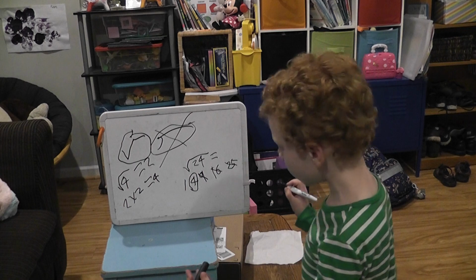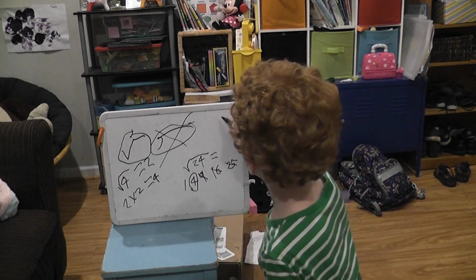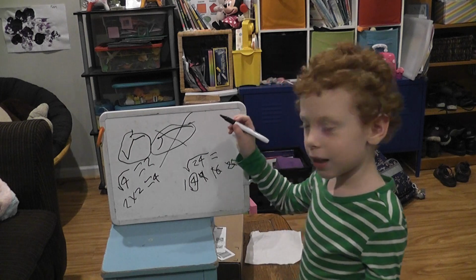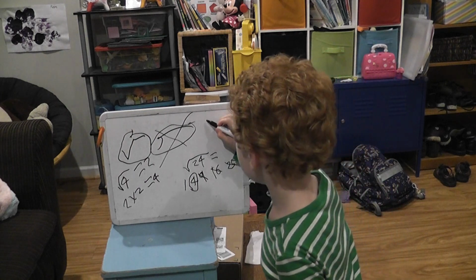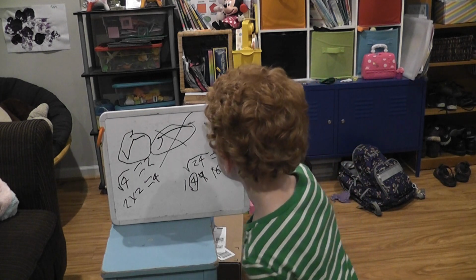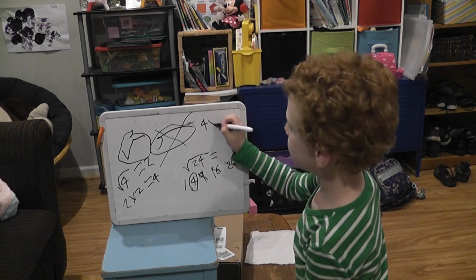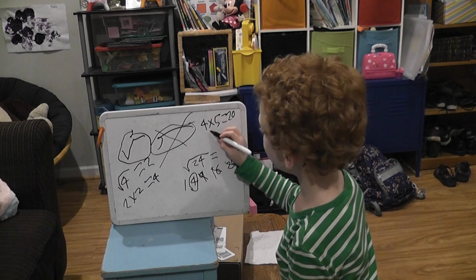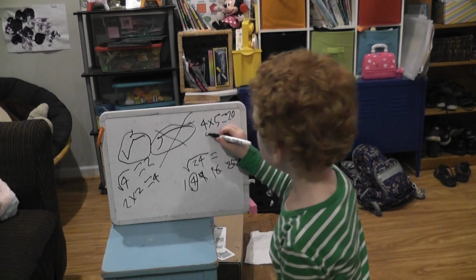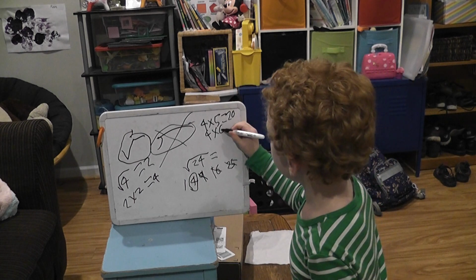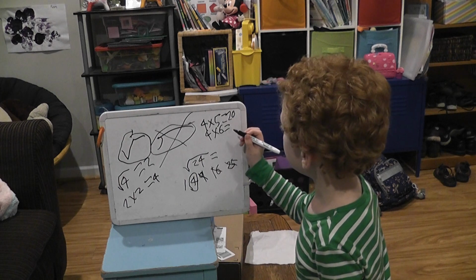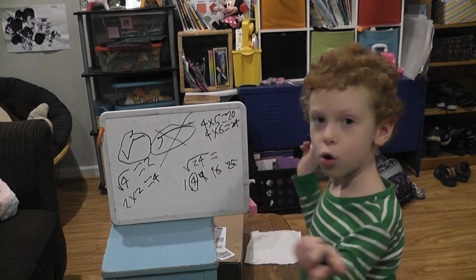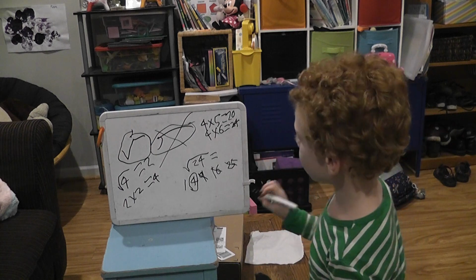And how many times does 4 go into 24? Well, 4 times 6 will equal 24.